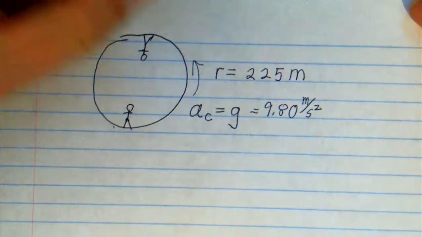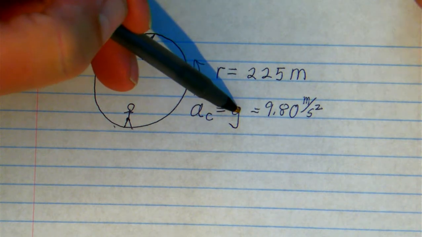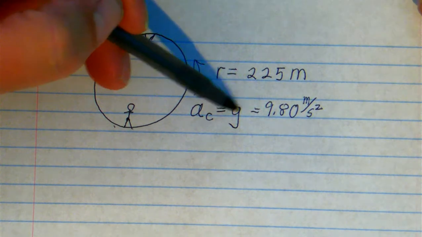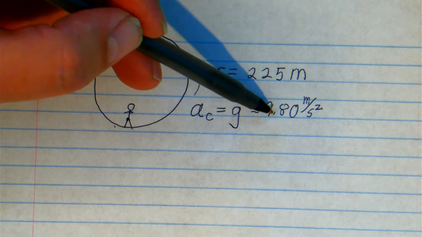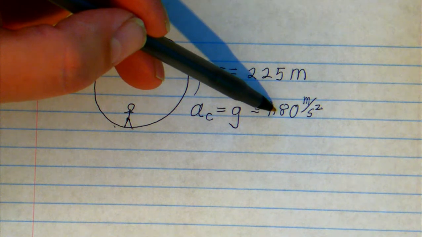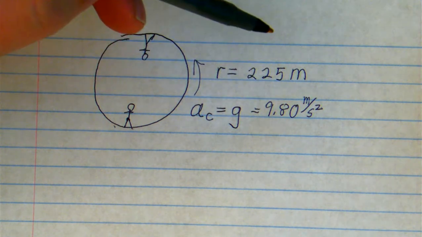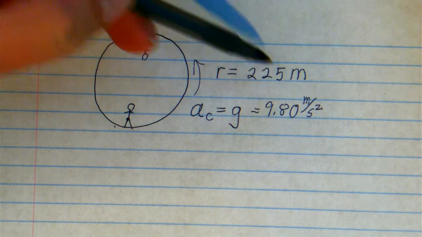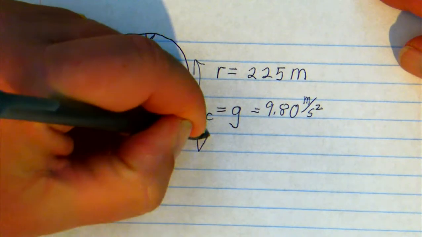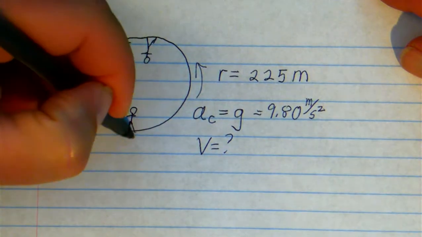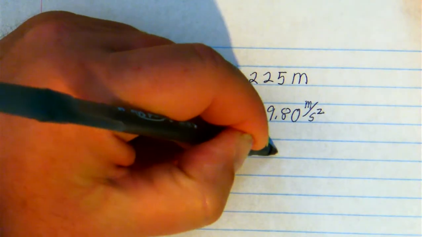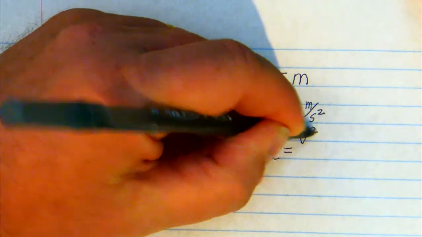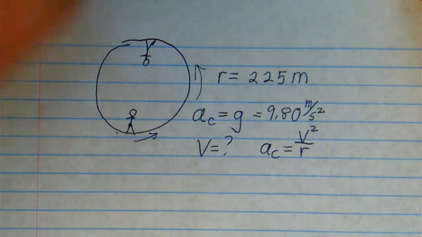My question is, if this is the acceleration I want so that we have full Earth gravity, and today we don't even know if we really need full Earth gravity to be healthy. We've never done experiments other than at 0g. If I have a radius of 225 meters, what would be the speed at which I would be spinning around on the space station? Calculate, please, knowing that the acceleration is v squared divided by r.